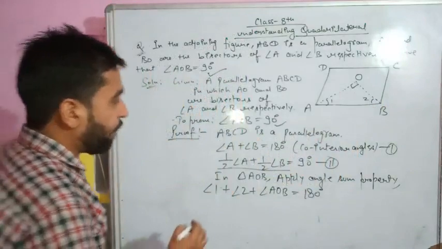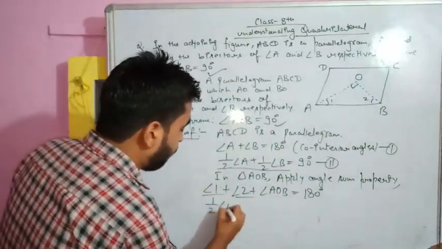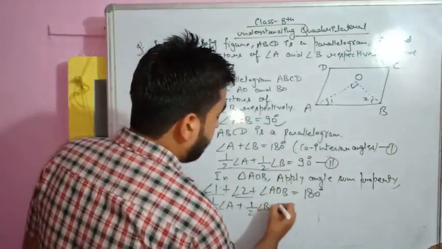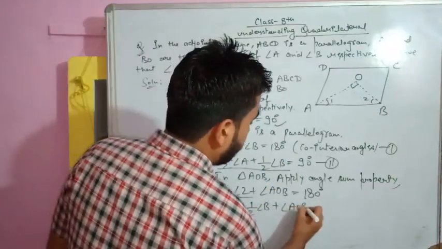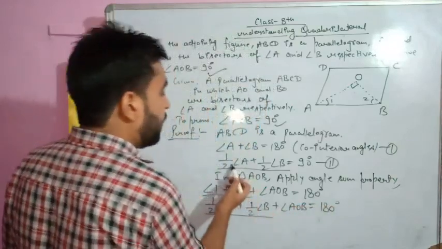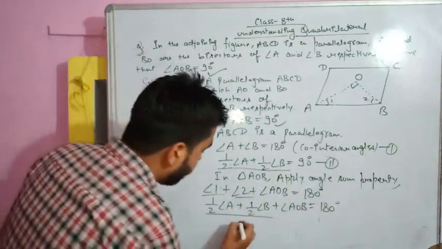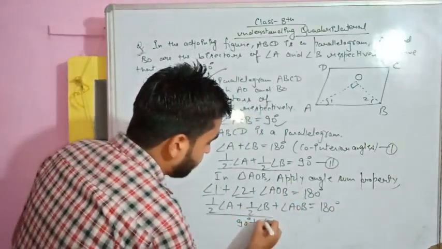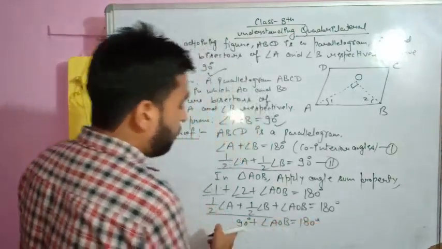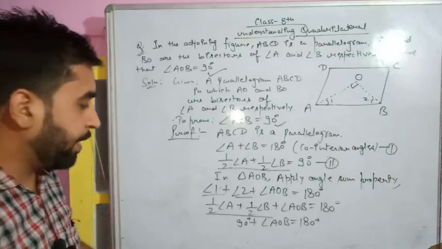So in place of angle 1 we can write half of angle A, in place of angle 2 we can write half of angle B, plus angle AOB is equal to 180 degrees. Now what is the value of half angle A plus half angle B? That is 90 degrees. We already have calculated. So 90 plus angle AOB is equal to 180 degrees. Now plus 90 shifted to the other side will become minus 90.